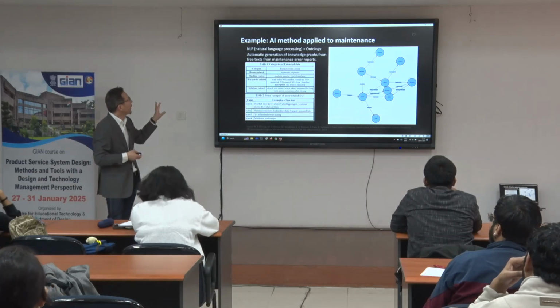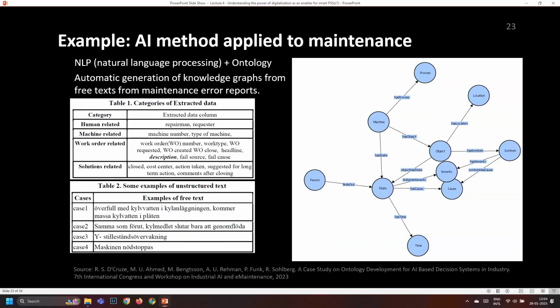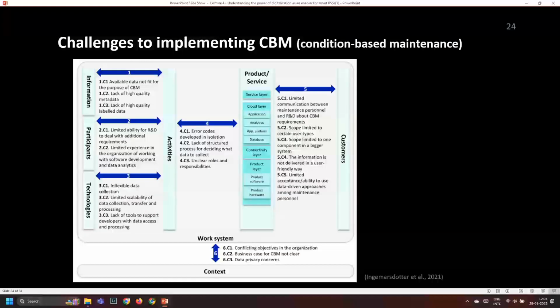So I think this example shows such potential, and you can easily point out there is a potential in different manufacturing companies and other types of companies.